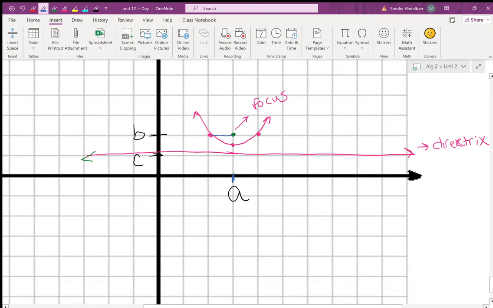From here to here will be equal to there to there, right? Our vertex will be the same distance to the focus as it is to the directrix. That's really the main thing you need to know about those two vocabulary words.